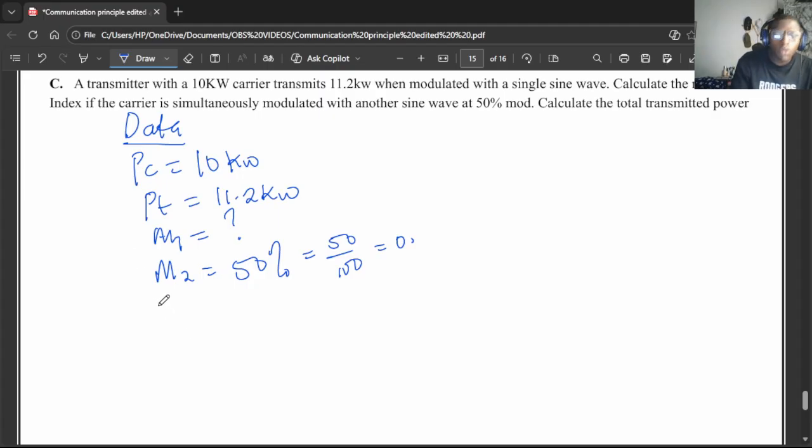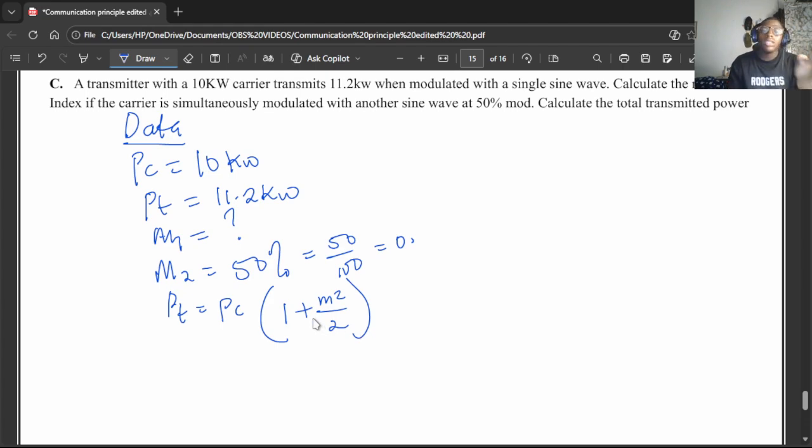We are to use the equation which you know, PT is equal to PC into 1 plus M square over 2. Right? Now if you've gotten this equation, remember we have M1 pending, which we don't know.